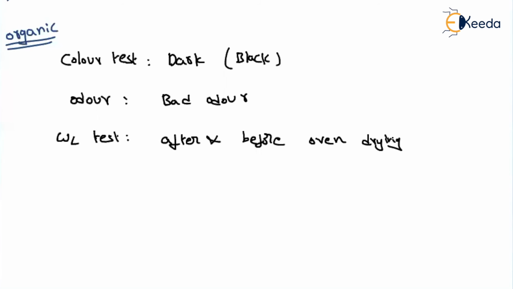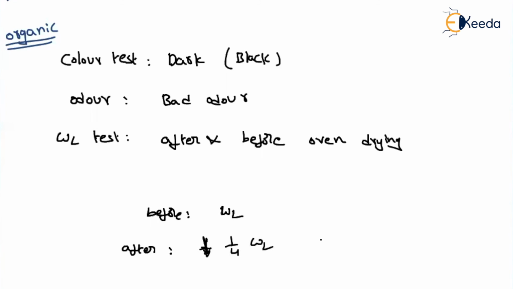But if it is an organic soil, let us say you get some liquid limit WL before oven drying, and if you conduct the test after oven drying, then your liquid limit will decrease to nearly one fourth of the WL.